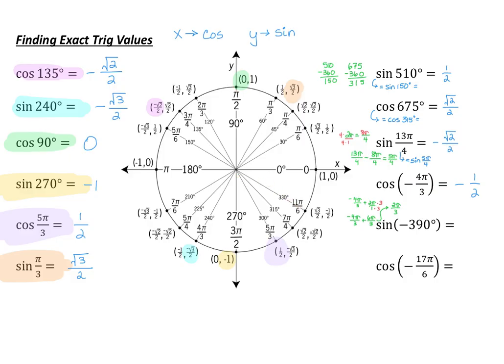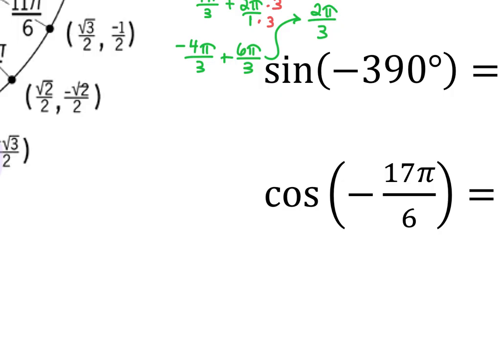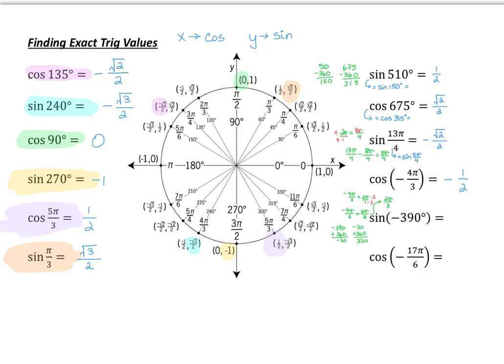Or you can do what I've been writing in green here and just keep adding 360 until you get an angle that is between 0 and 360. So you could say negative 390 plus 360 is negative 30, and then you'd have to add again, negative 30 plus 360 is 330, but either way that gets you to that same place right here, that angle.